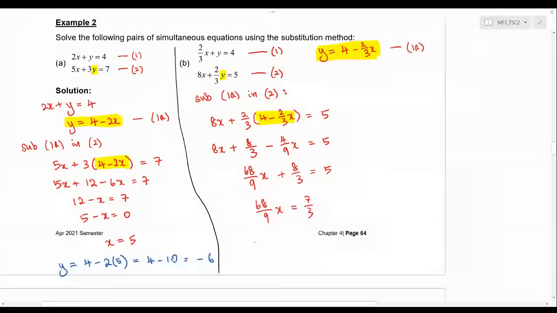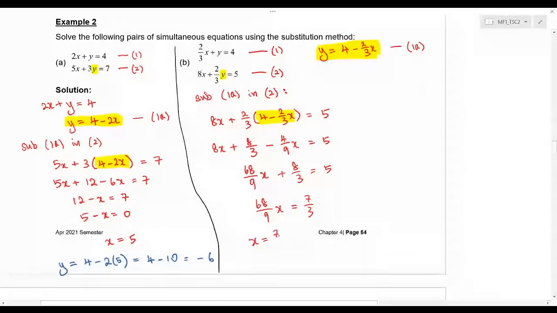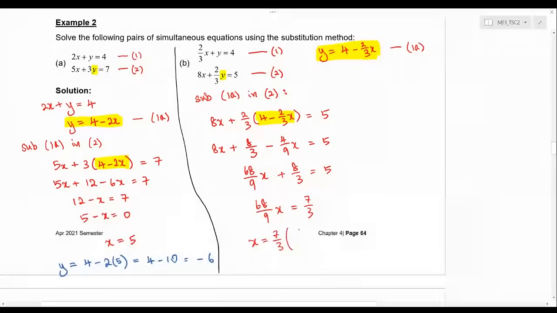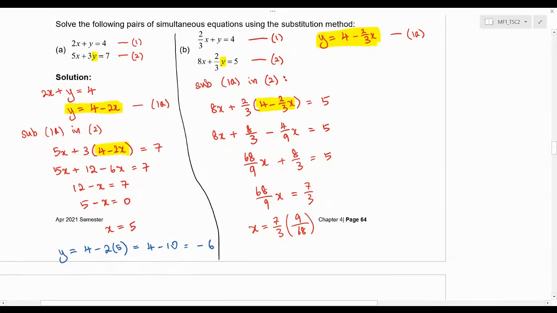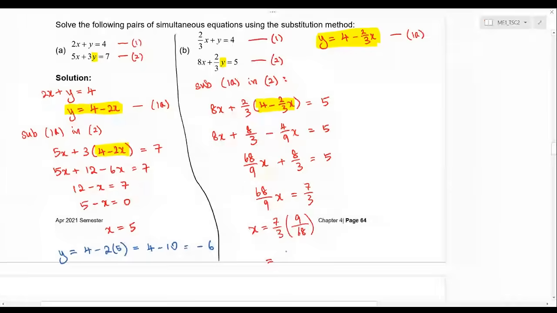Okay, last but not least, to solve for x, all you got to do is to multiply both sides by 9 over 68. So I'll end up with 21 over 68.